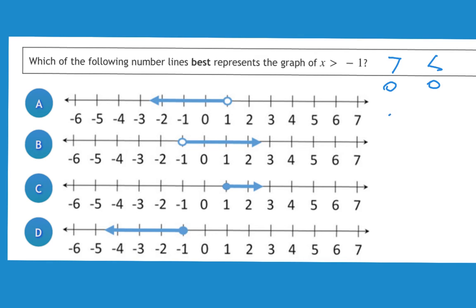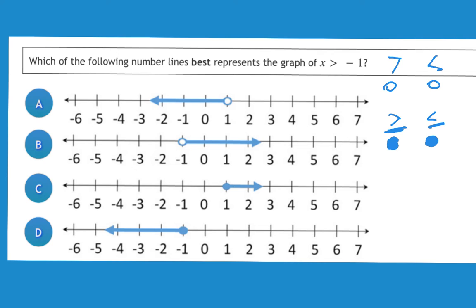When you see greater than or equal to, or less than or equal to, those will be represented by a solid circle. The reason why is the solid circle includes that number, which is representative of is equal to, okay?